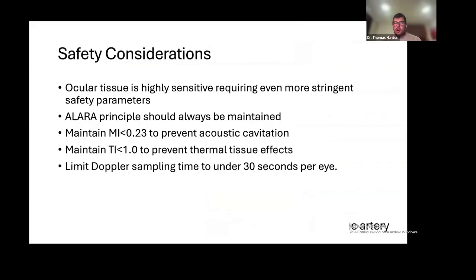Safety considerations. Ocular tissue is very sensitive, so it requires some safety parameters to be maintained. Ophthalmic artery presets will normally be set by the machine, but the BMUS guidelines are to have a mechanical index of less than 0.23 and a thermal index of less than 1 to prevent thermal tissue effects and acoustic cavitation.